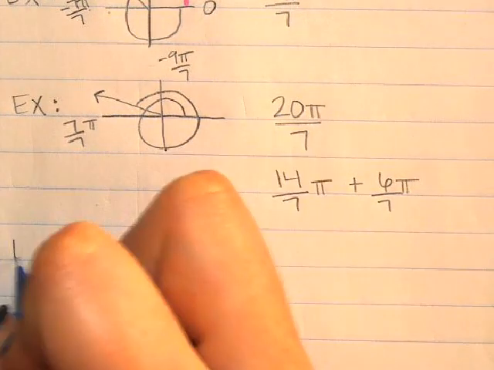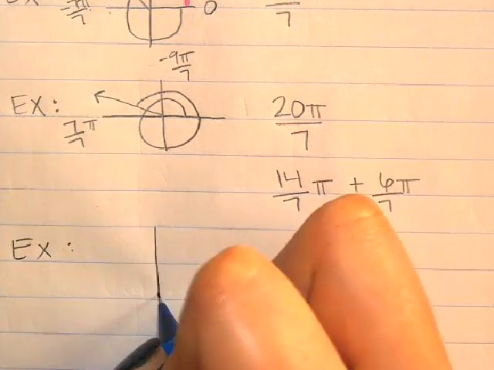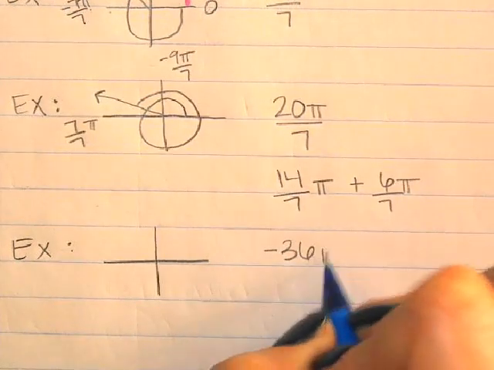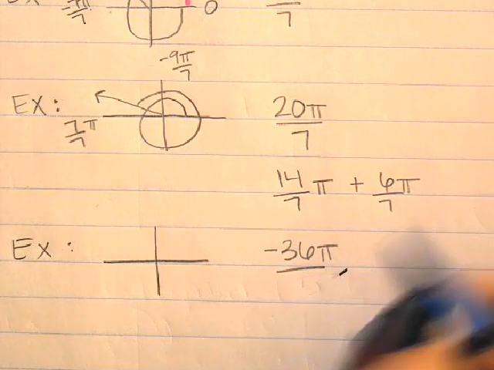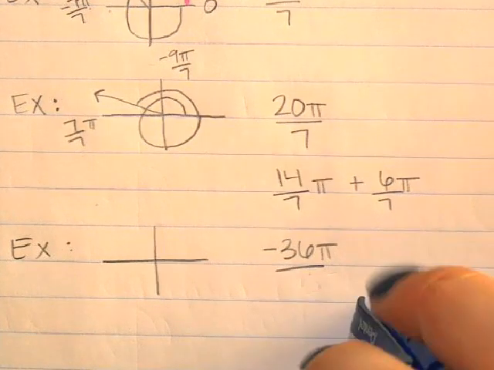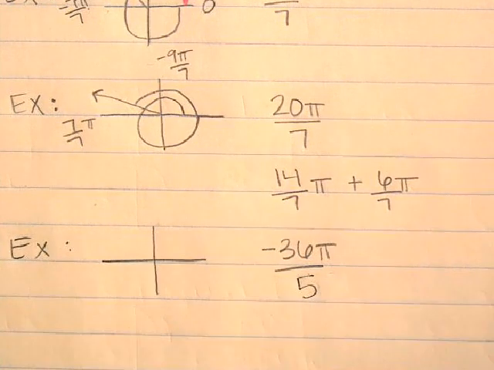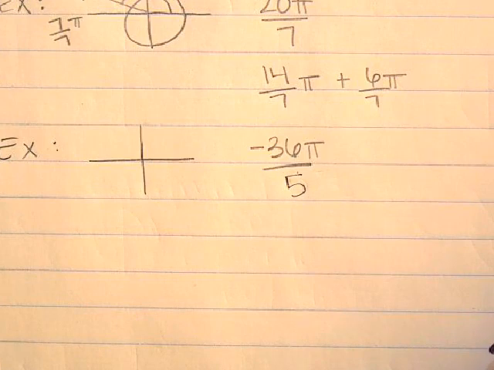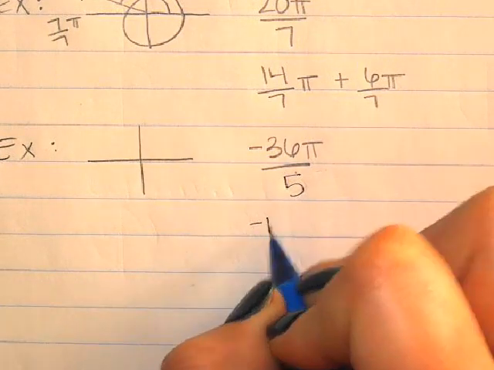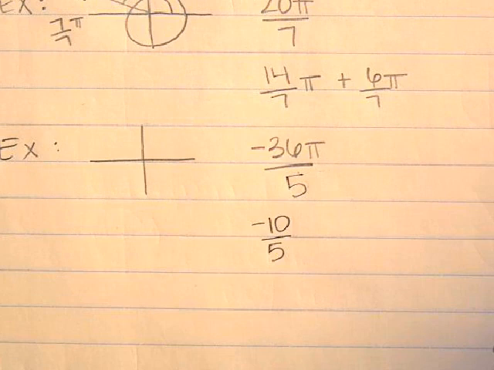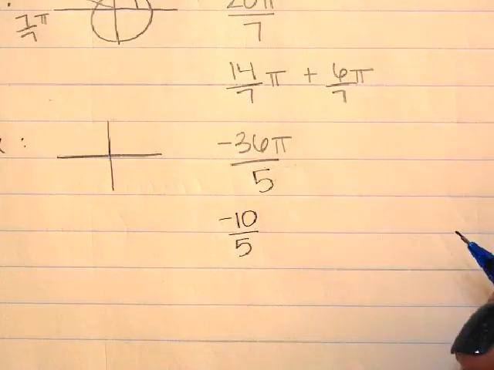All right, let's do negative 36 pi fifths. Okay, so talk me through this one. So negative 10 fifths. That's okay.